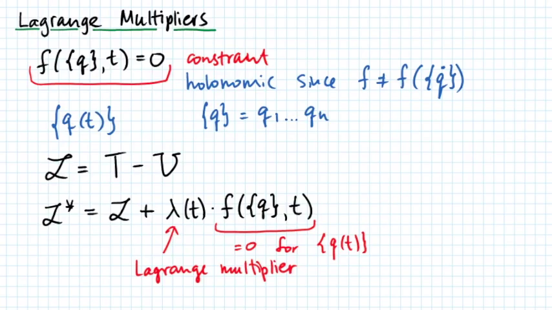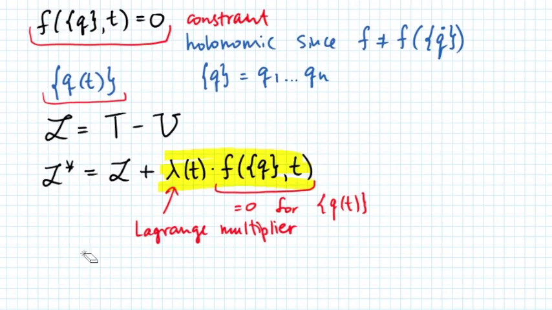Even though this extra term vanishes when the constraint is met, it doesn't vanish for variations around the true solution q of t. Thus, we expect to get from this modified Lagrangian new equations of motion that should now incorporate the constraints. Let's proceed with the usual Euler-Lagrange formalism.